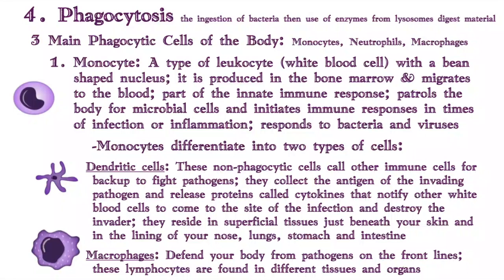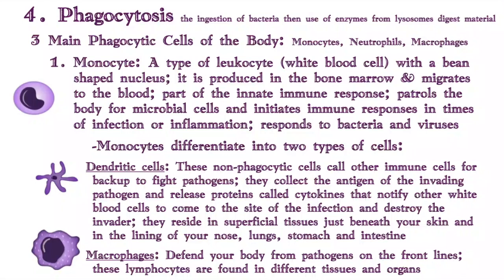So the three main phagocytic cells of the body are going to be monocytes, neutrophils, and macrophages. Now, monocytes can actually divide further into the dendritic cells and the macrophages. But here's the problem. Dendritic cells are not phagocytic cells.